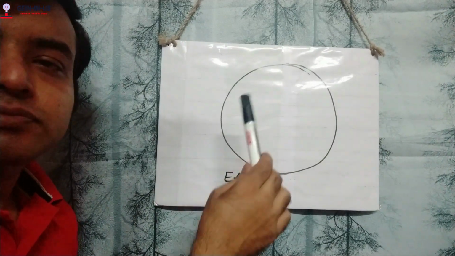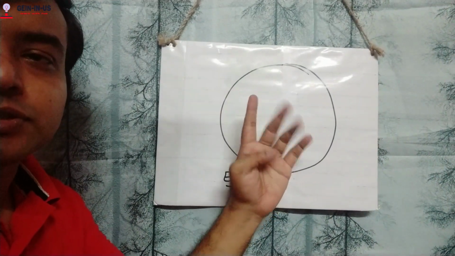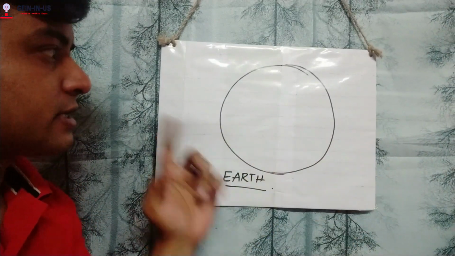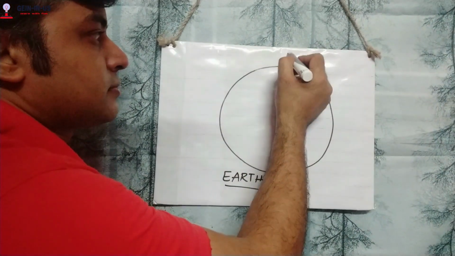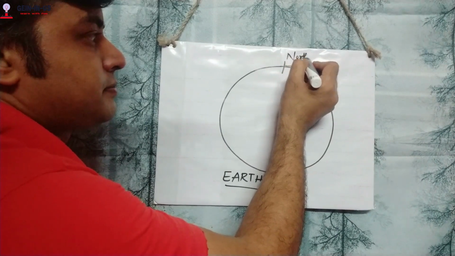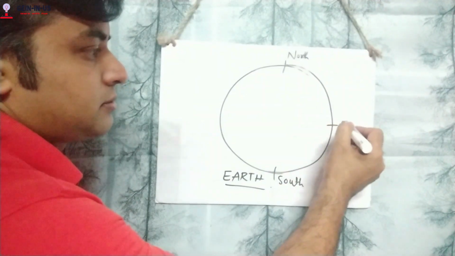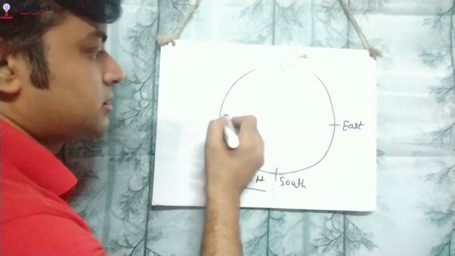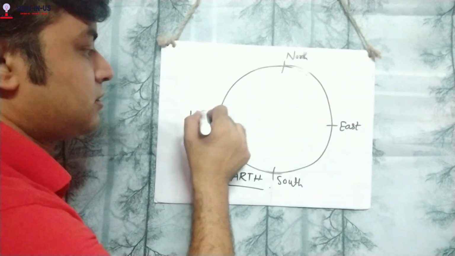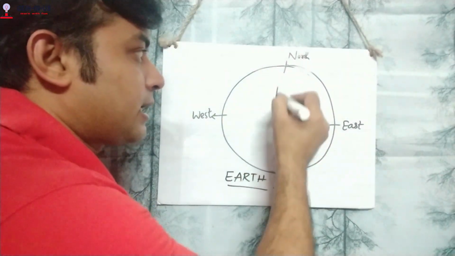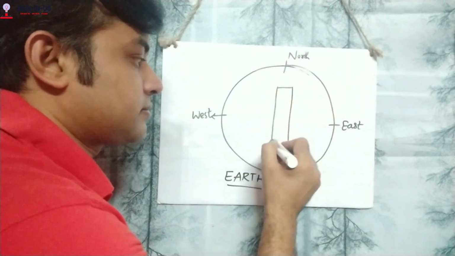It has four directions: north, south, east and west. And we know that a magnet always aligns in this direction.